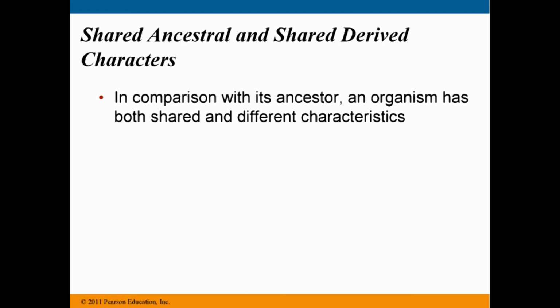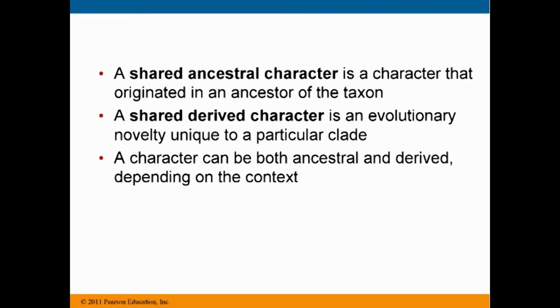Now, that new species is going to have those ancestral characteristics, but it's also going to have newer characteristics that have evolved since the branch point, or even multiple branch points, if you will. A shared ancestral character is a character that originated in the ancestor of the taxon.